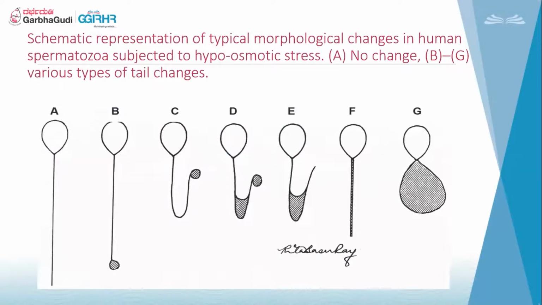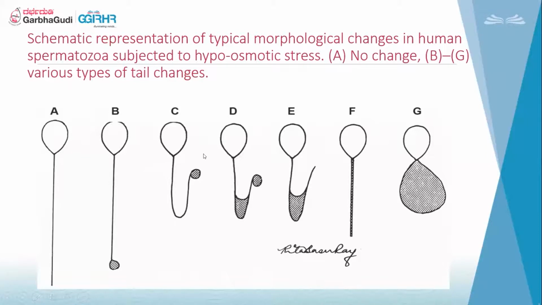This is a schematic representation which I have put. You can see here in A, there is no swelling; there is no change, the sperm is straight. Then from B to G, you can see some sorts of swelling has taken place.